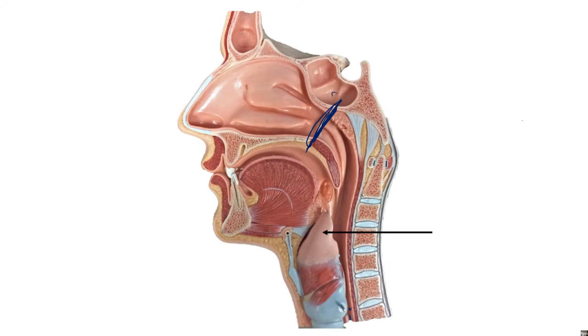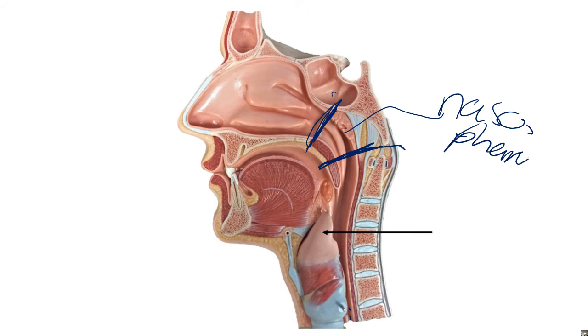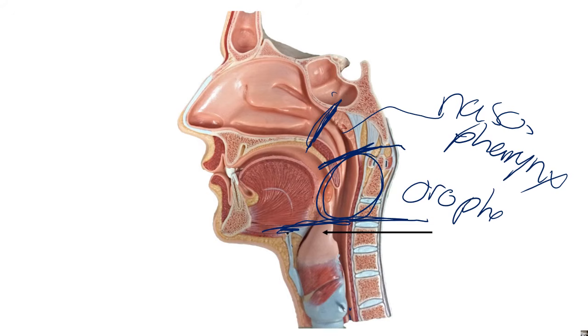The first section goes from the back of the nasal cavity to the end of the soft palate, right there. This first section is the nasopharynx because it's behind the nasal cavity. Then from the end of the soft palate to the hyoid bone, which is right here, this section is the oropharynx.